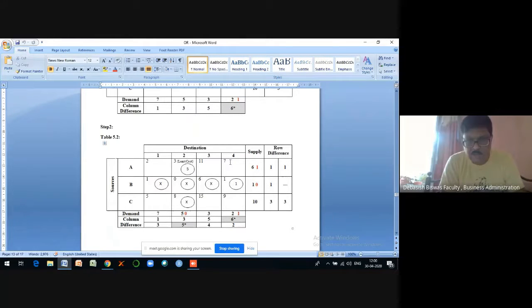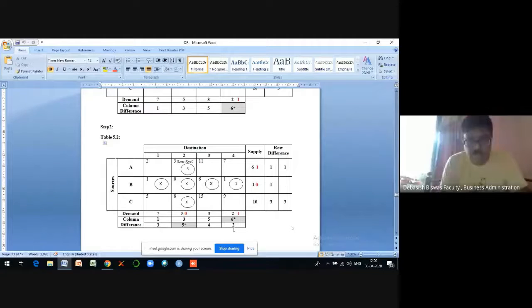And here 7 and 9. The difference is 2, because we will not consider this point, because this row has been already finished, completed. So here the difference is 7 and 9. The difference is 2. Clear?